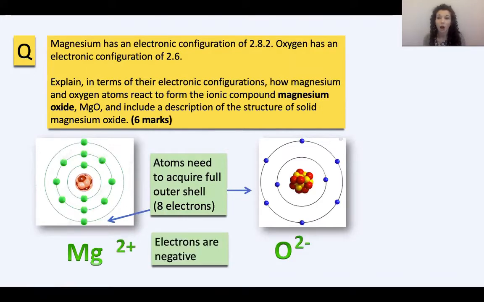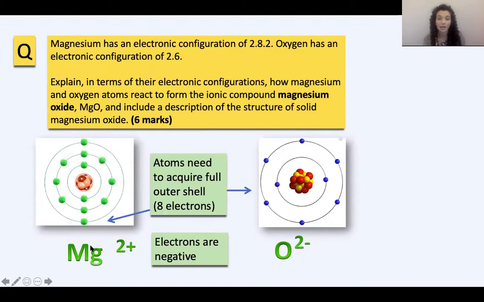Now remember, ionic bonding is where electrons are lost or gained. Electrons are transferred from one atom to another when the elements react together. What will happen here is, because magnesium has 2 electrons in its outer shell, it will transfer those 2 outer electrons to the oxygen atom so that it can have a full outer shell.